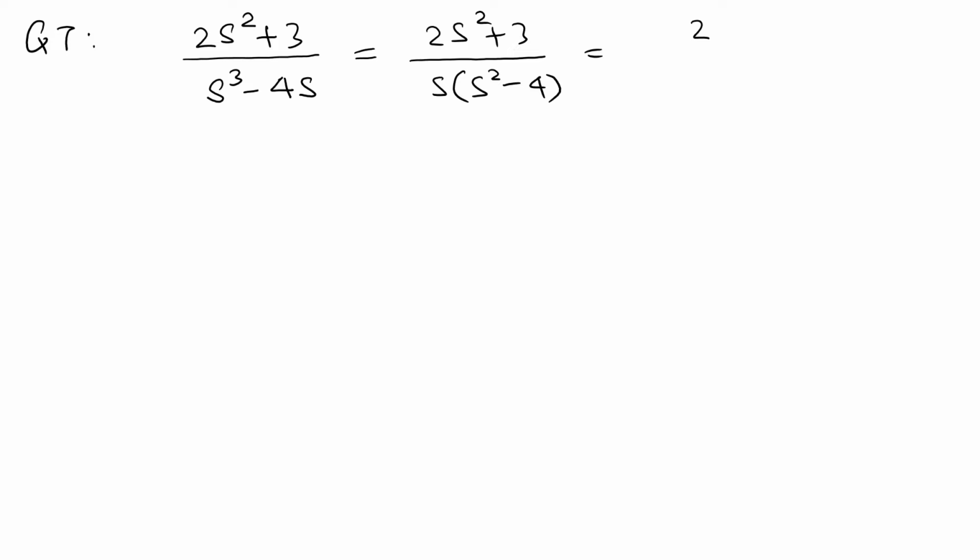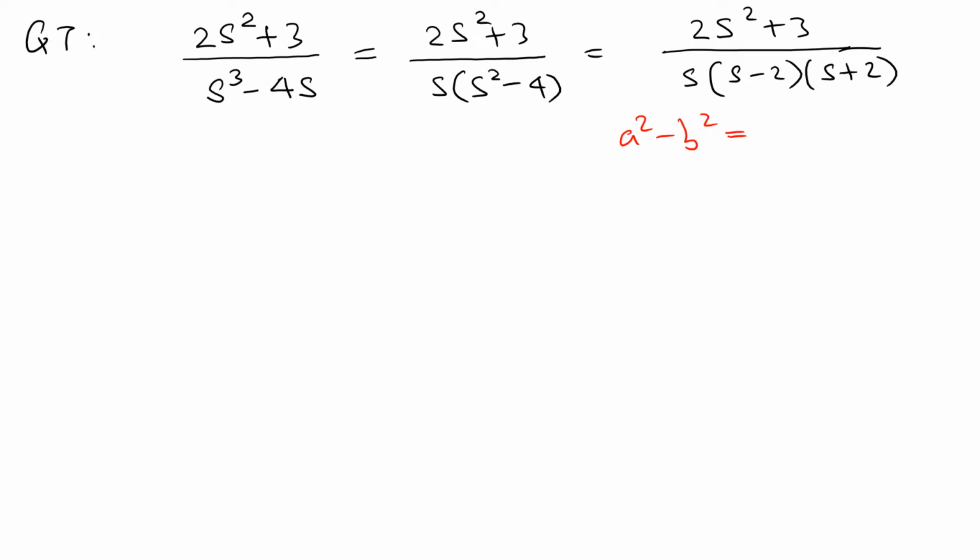So you're going to get 2s squared plus 3 over s, s minus 2 and s plus 2 from the difference of squares factoring. When you have a squared minus b squared, this can be factored as a minus b and a plus b. So this is a very important tool.